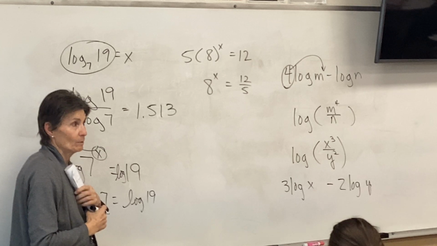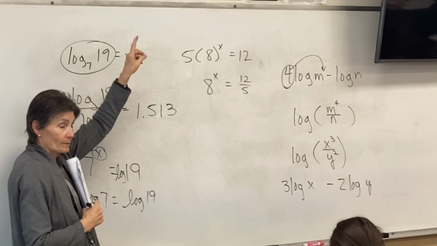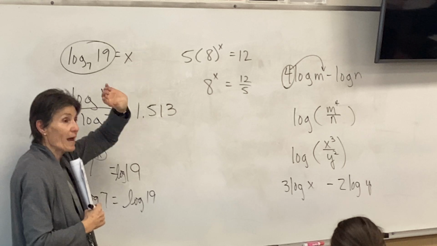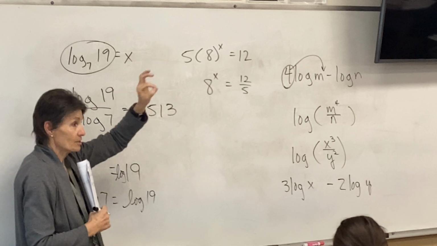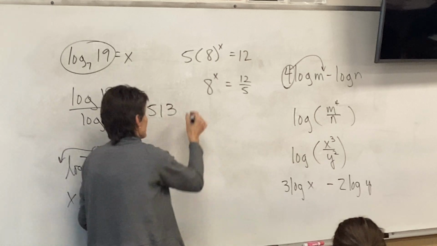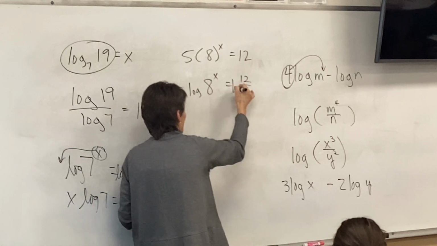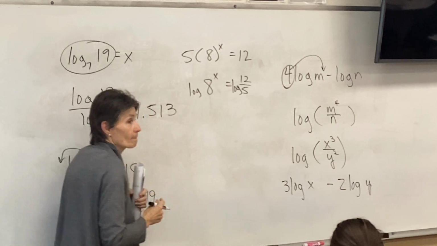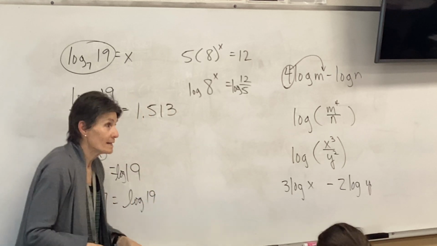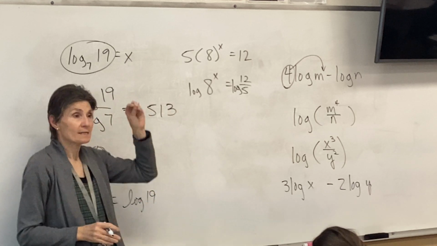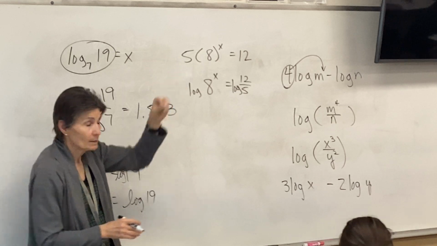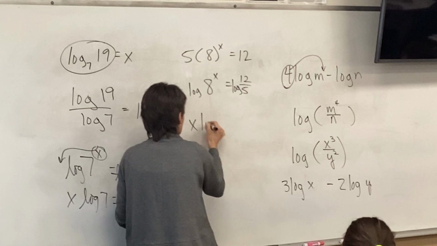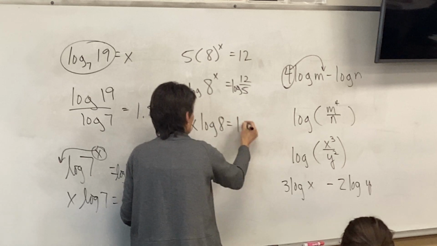Where's your variable? Where's x? And when it's up there, what do we have to do? The only way to solve it when it's up there is to use logarithms. So I'm going to take the logarithm of both sides. And why is that so cool? Because now that x isn't an exponent anymore. Now that x is out here in front.